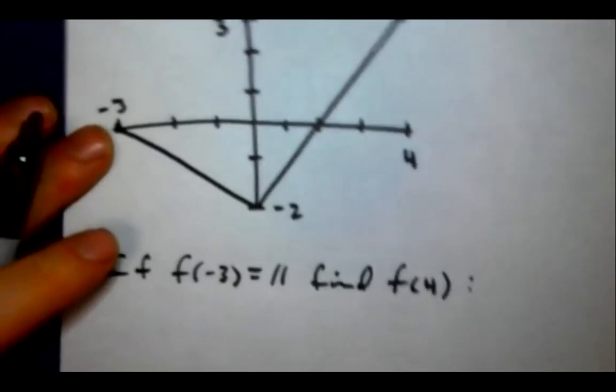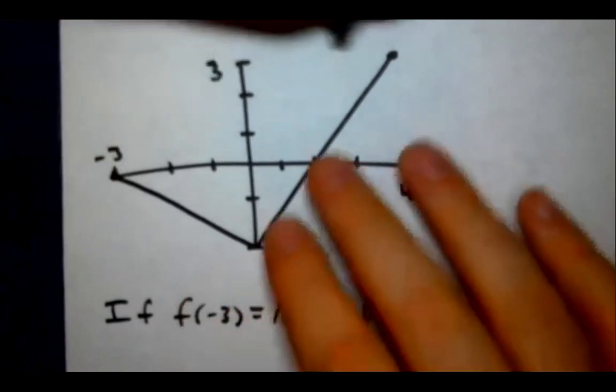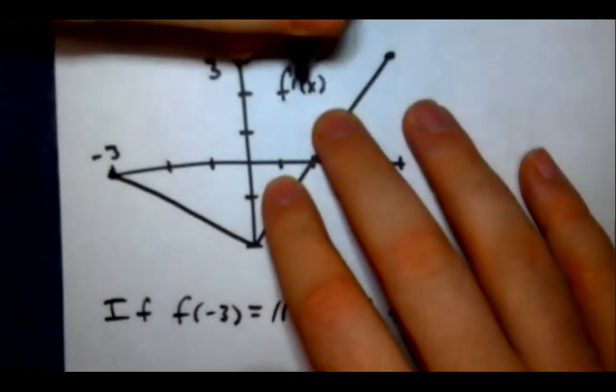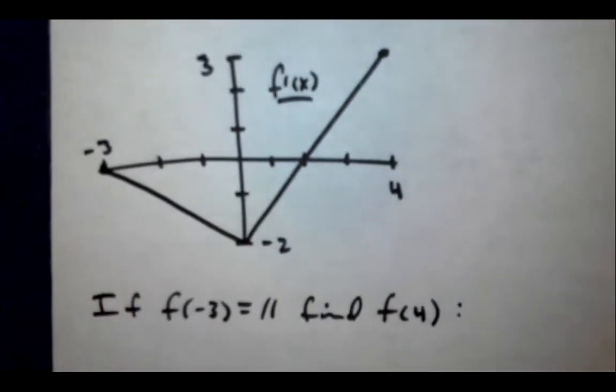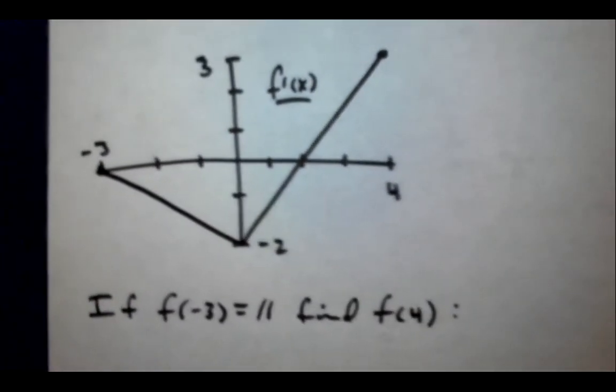Okay, so we will call this the graph of f prime. Off you go. f of -3 is equal to 11. Find us f of 4.